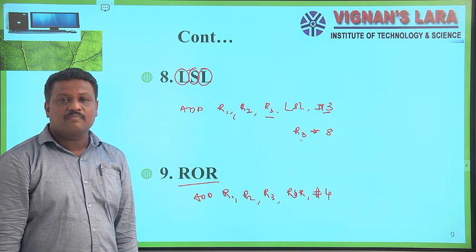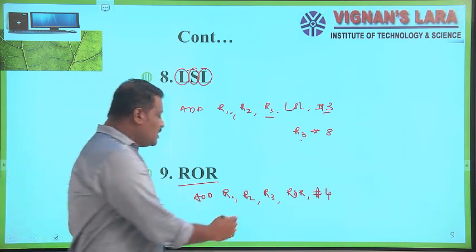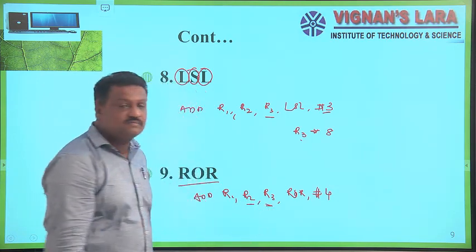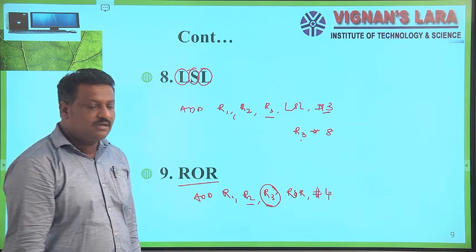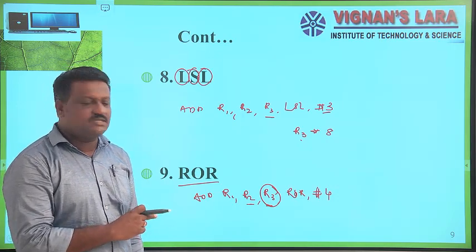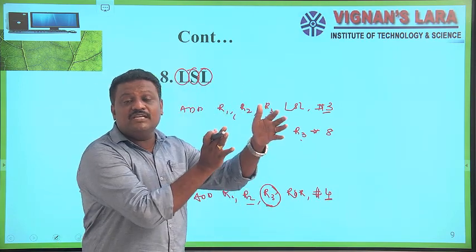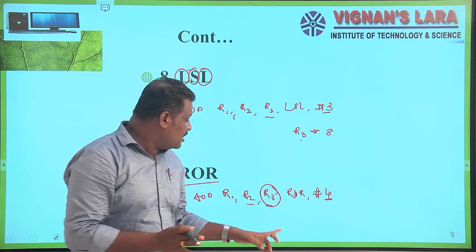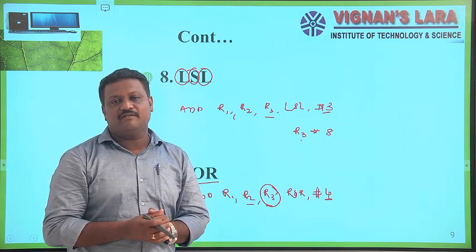The meaning of this one is, before doing the addition between R2 content and R3, first apply rotate right on the content of R3 by 4 times. By doing this, whatever least significant nibble I have in R3 is shifted to the most significant side.